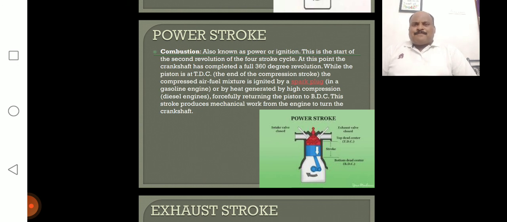Combustion means what? Combustion means fire. Combustion, also known as power or ignition stroke.